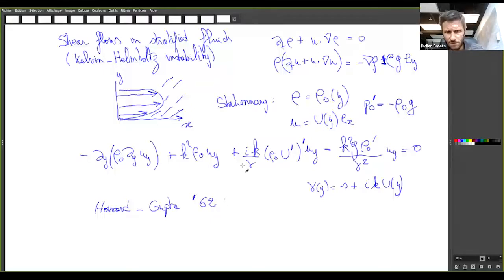And they had the idea from this Rayleigh ODE to consider not the function u, but make this special change of variable. So you write u_y as this spectral function, let me call it gamma(y) to the power 1/2, times v.